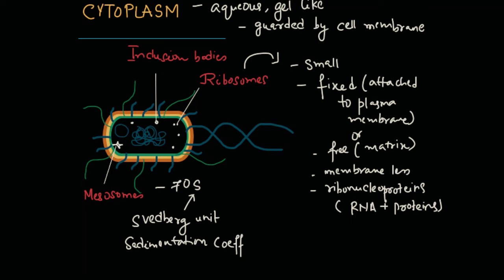So, if we try to centrifuge various organelles or structures, sedimentation coefficient or Svedberg unit is the number that determines which organelle or structure will sediment faster. Heavier the structure, more will be the Svedberg number. So the prokaryotic ribosome has a Svedberg unit of 70S.